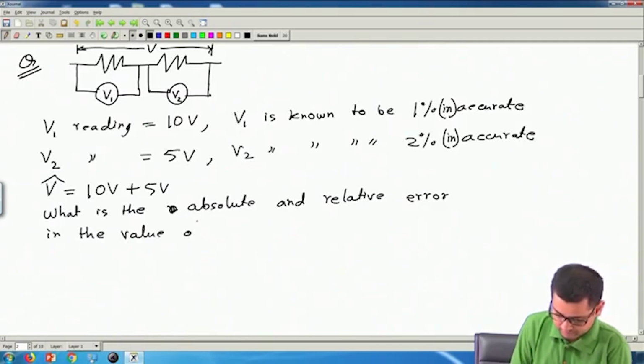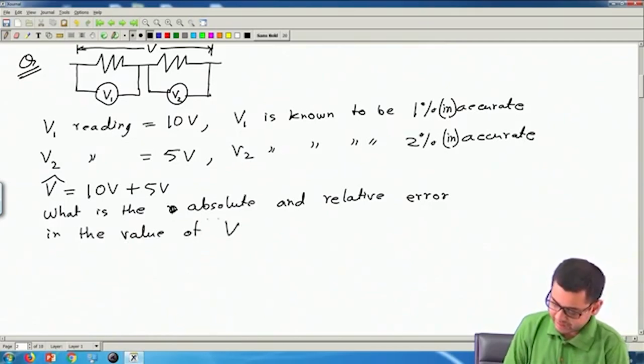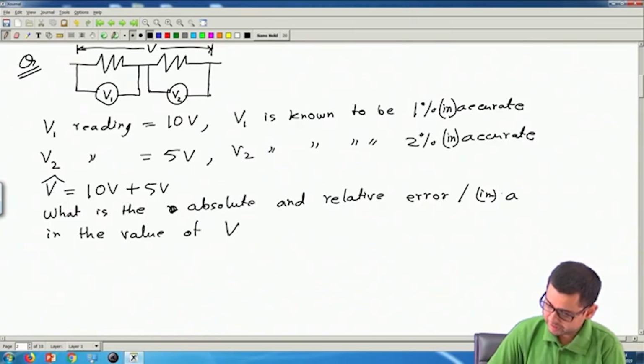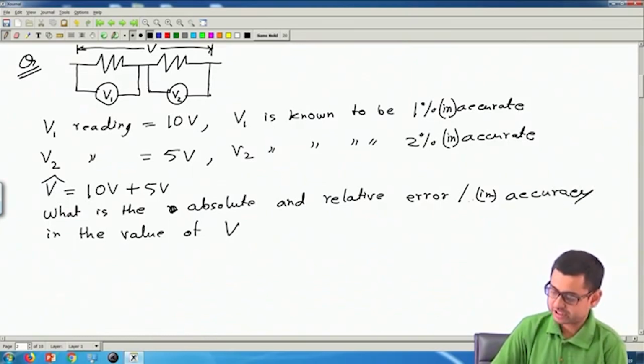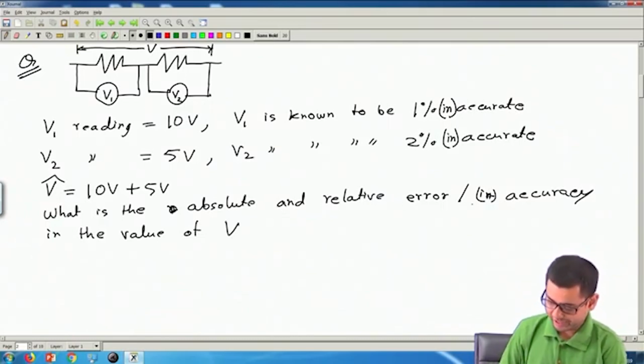We can ask the same question often in different forms, so we can also say, what is the absolute and relative accuracy, actually we mean inaccuracy, not accuracy. Although we normally say accuracy, we actually mean inaccuracy when talking about errors.